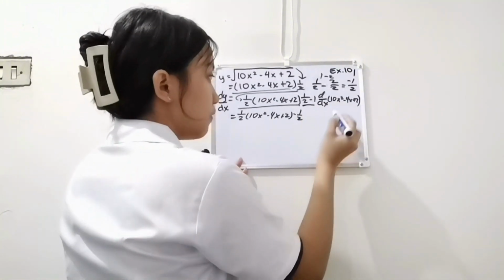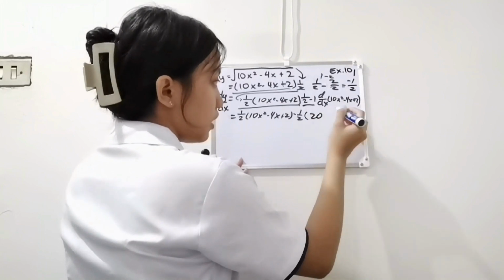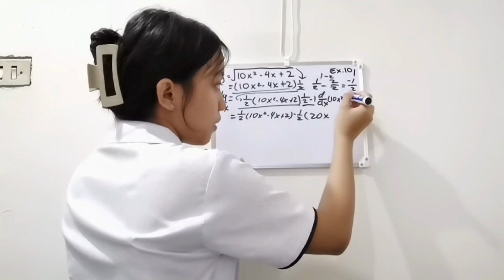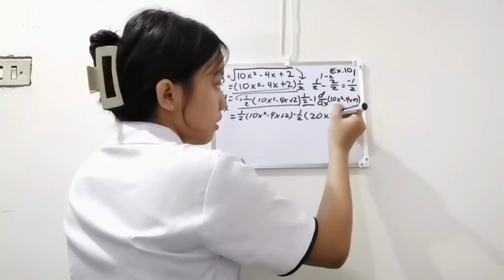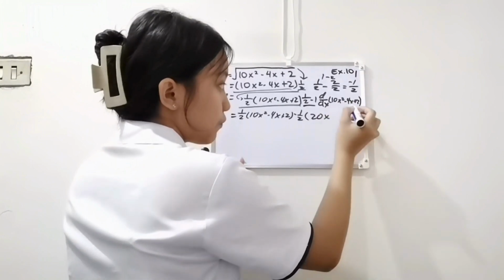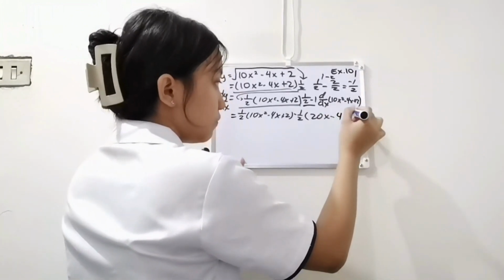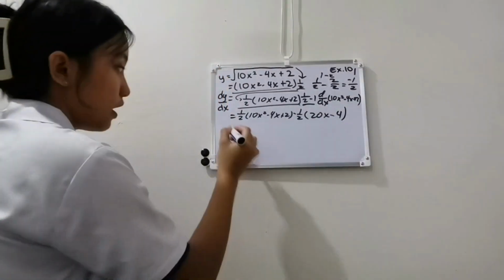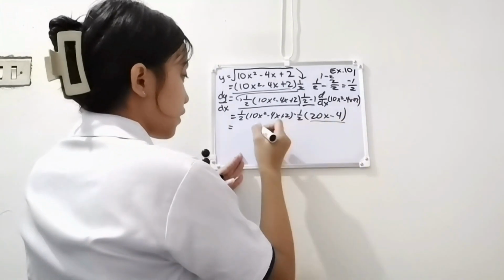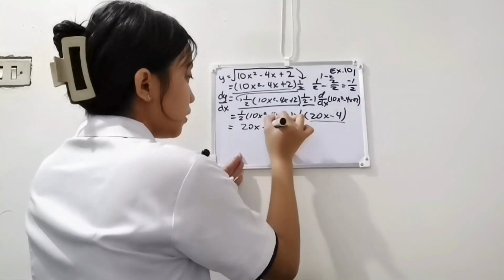And our derivative for this is 10 times 2, 20. And for our x squared it will be just x, because our exponent 2 minus 1 will be just 1. And then for our negative 4x plus 2 it will be just negative 4. Then, for our final answer, we're just going to copy this for our numerator, 20x minus 4.